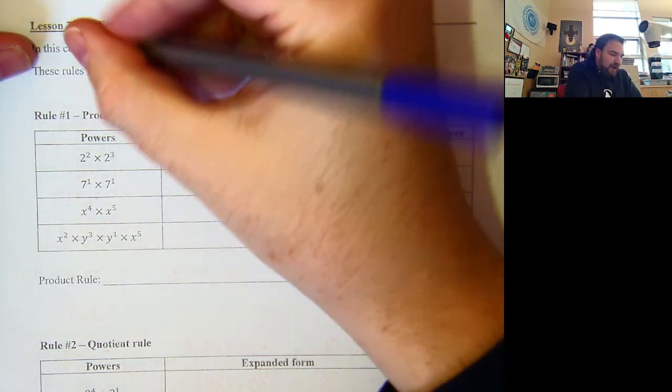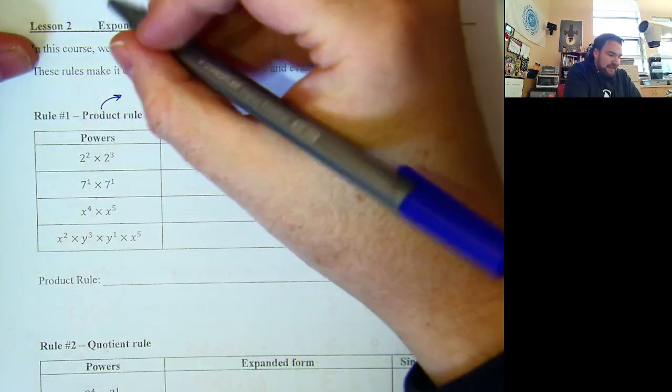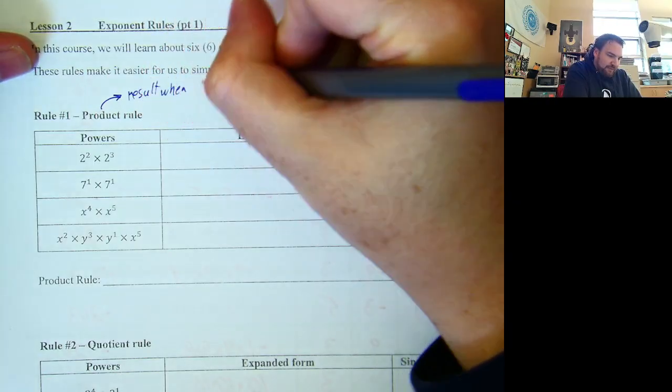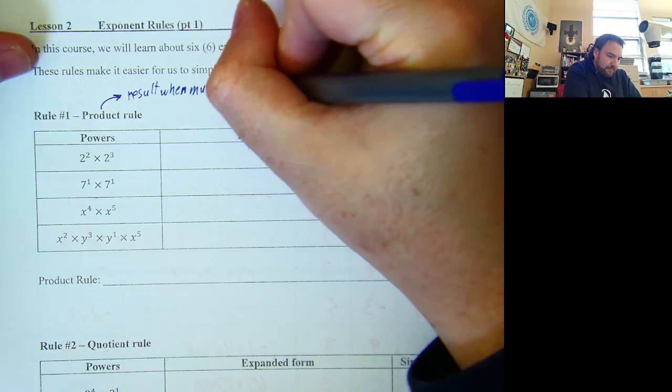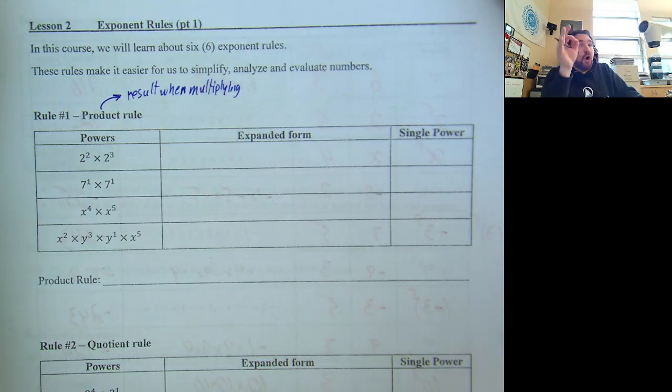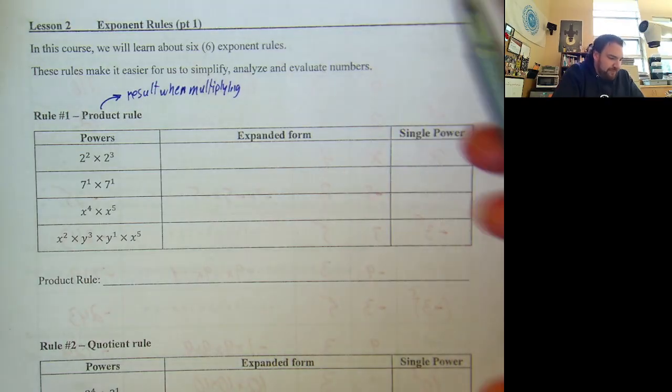A product is the result when multiplying. So, when I call something the product rule, it only works when you're doing what? Multiplication. So here we go. Product rule. Rule number 1.